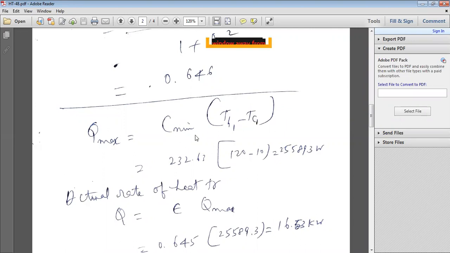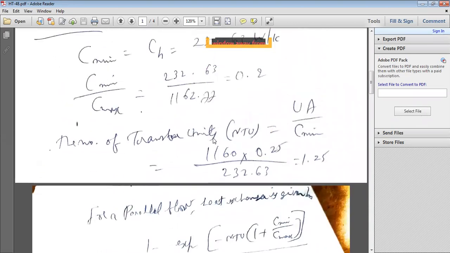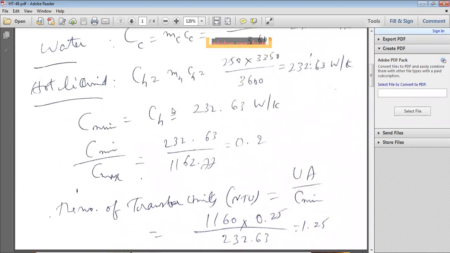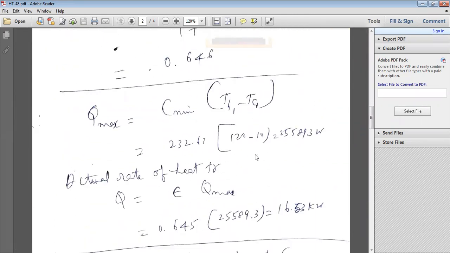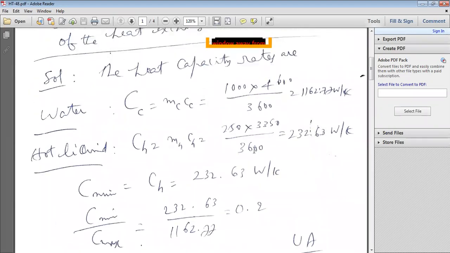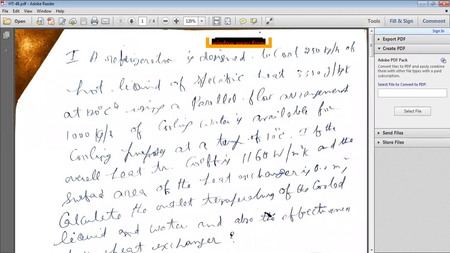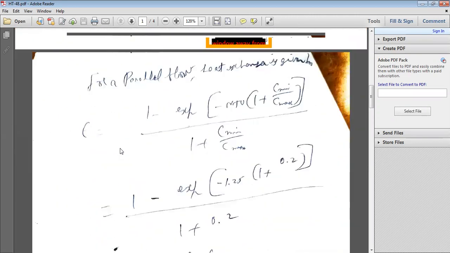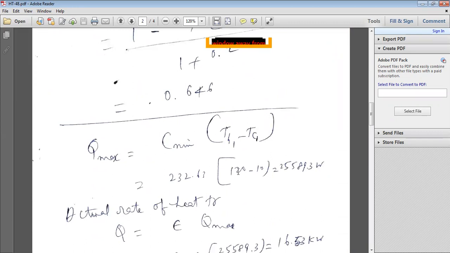C minimum, which is capital CH, you calculated as 232.63. TH1, the inlet temperature of the hot fluid, is 120 degrees centigrade.